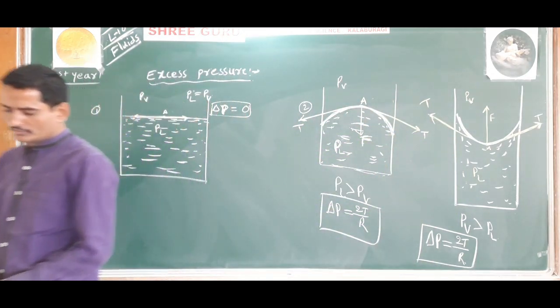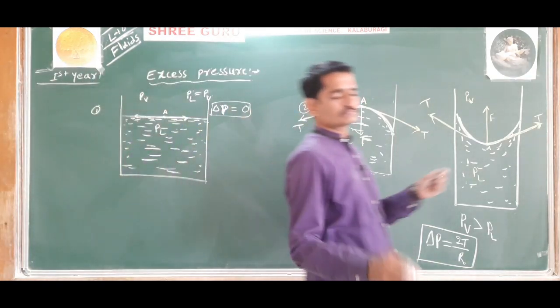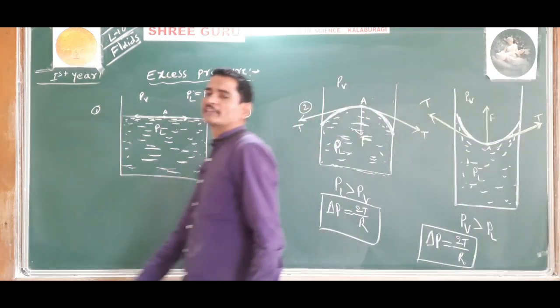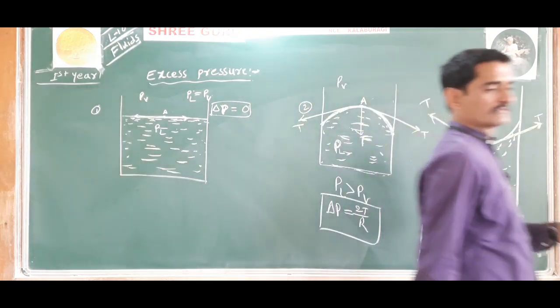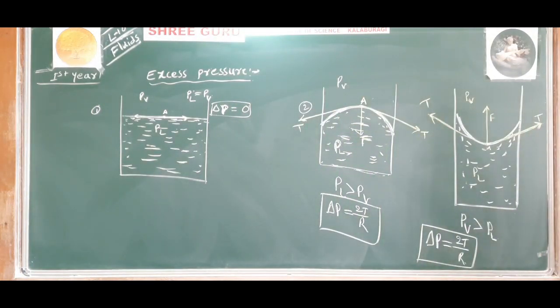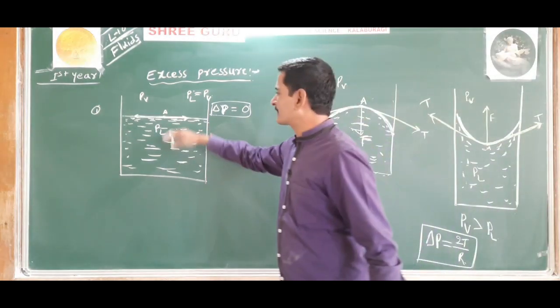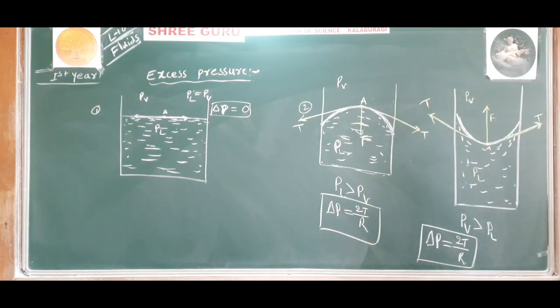Understood? Got the idea? So this is the concept of excess pressure. Excess pressure will come into picture only when the free surface of the liquid is curved. Then there exists a difference of pressure between the liquid side and vapor side, and this difference of pressure we call excess pressure.